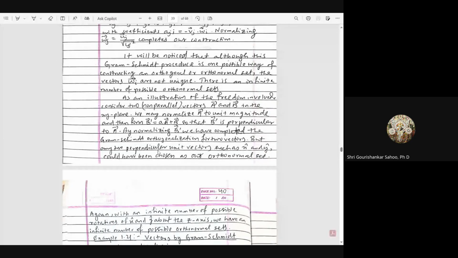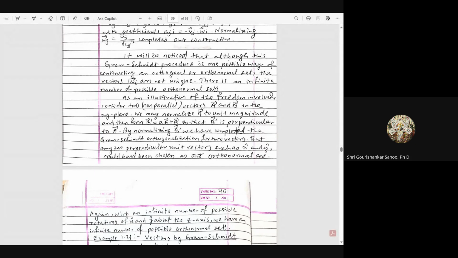You can see this Gram-Schmidt procedure is one possible way of constructing an orthogonal or orthonormal set. The vectors Wi are not unique. There is an infinite number of possible orthonormal sets. To see the freedom involved, consider two non-parallel vectors A and B in the xy plane. We may normalize A to unit magnitude and then form B dash vector equal to a times A vector plus B vector, so that B dash vector is perpendicular to A vector.